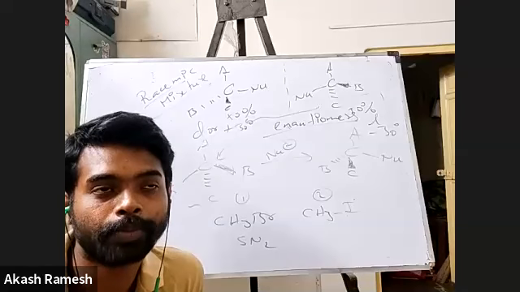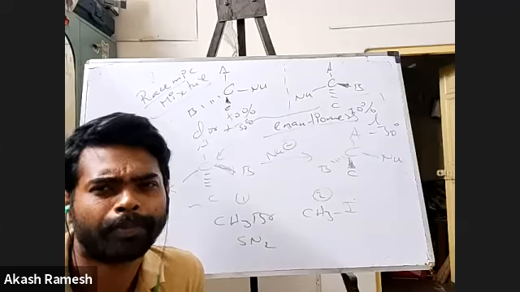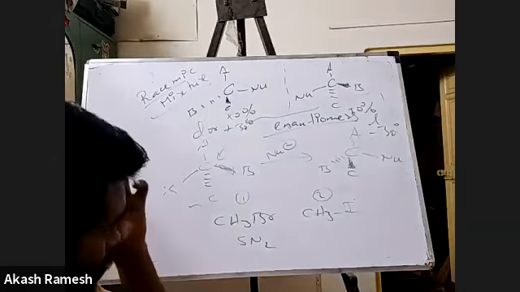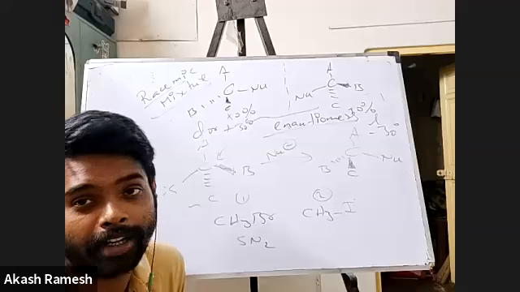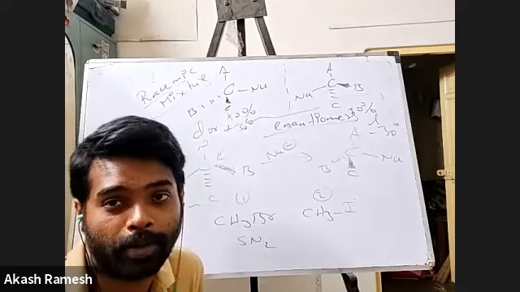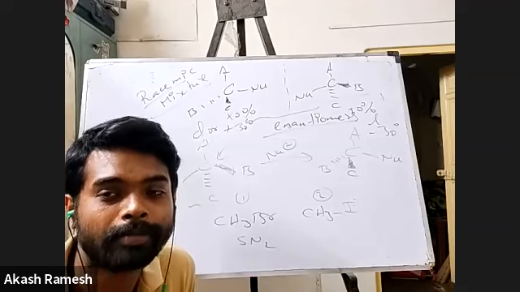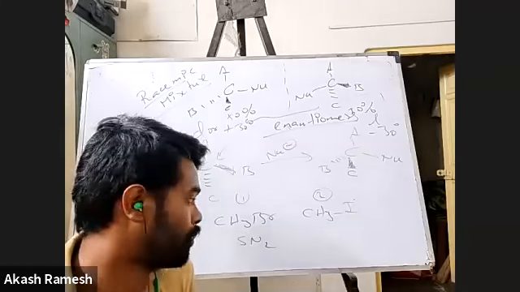Okay, I can take it as a partial answer. Iodine is a better leaving group, yeah, that's the correct answer. I is a better leaving group, absolutely. Aditi, correct. And you, what's your name? Anirudh, sir. Okay, Anirudh and Aditi, both of you are right.